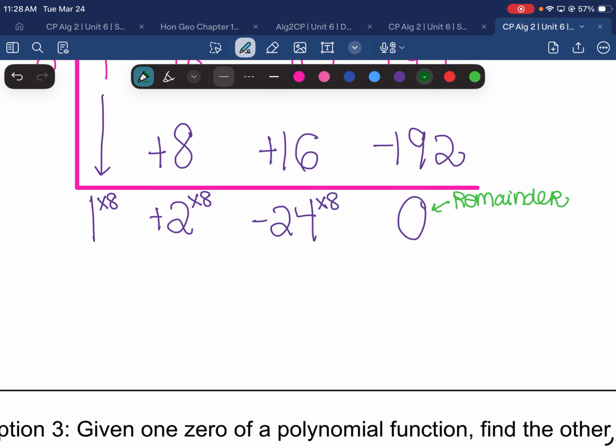Write it as a polynomial. Good job. What would that be? X squared plus 2x minus 24. Good. And girls, I'm going to set it equal to 0 because your answers need to look like x equals a number. So you've got to solve. That's what the directions say. Find the other solutions.